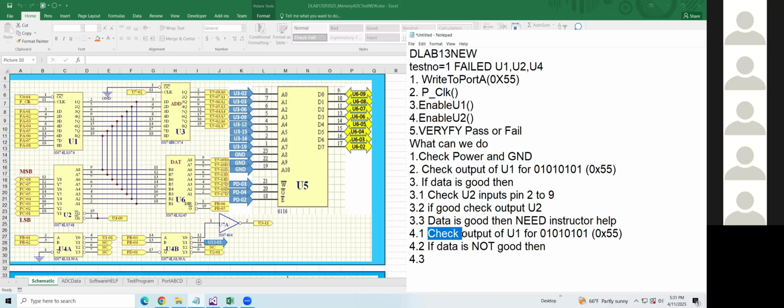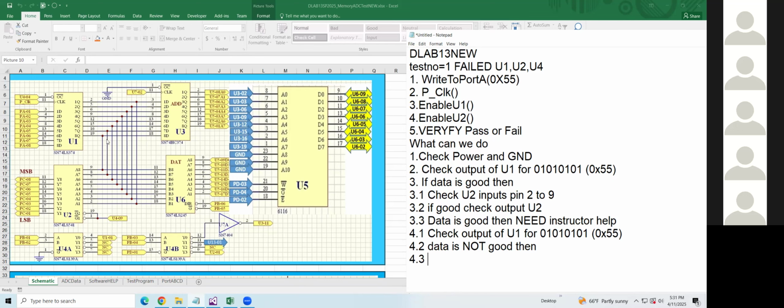Now the next thing is the key point here. You check output of U1, 5.5. Now the data is not good. That means you check at the output of U1, the data is not good.